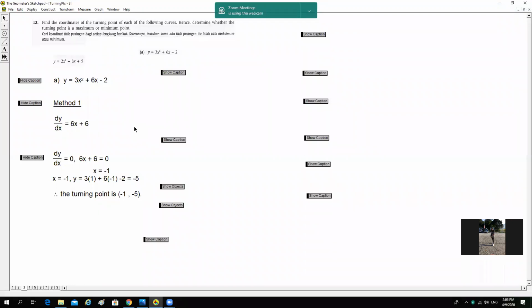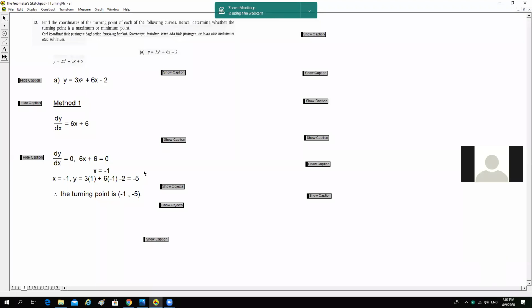I need to use the x coordinate and substitute into the y. When you substitute the x coordinate into the y, then you're actually finding the y coordinate. So after finding the two numbers, this becomes a point, and this point is the turning point. So again, find dy/dx, find the x, then find the y, and you have found the turning point.